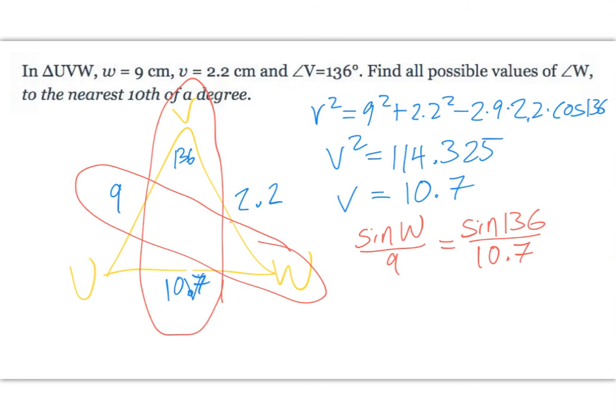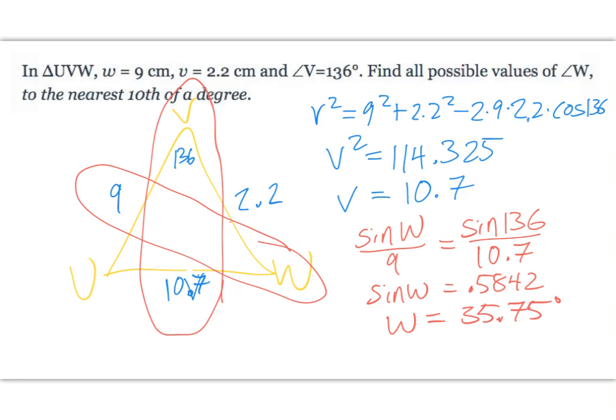All right, so let's do some math. We get sine of W is 0.5842, and we know to find that we're going to do the arc sine, or the inverse sine of that, and we get W is equal to 35.75 degrees.